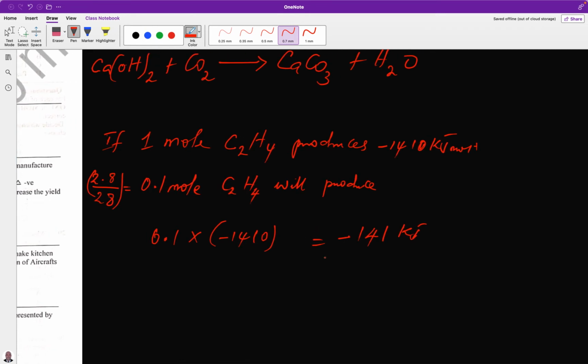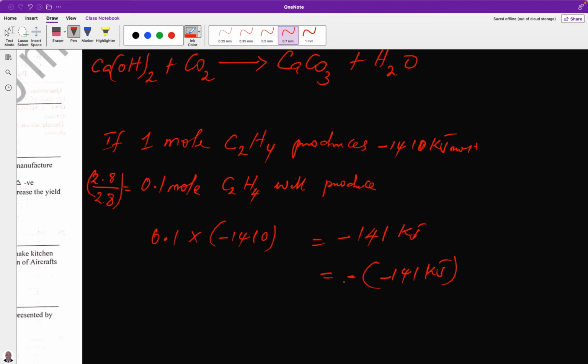So we need to add a negative sign there, which will now be equal to negative 141 kilojoules. A combustion reaction is an exothermic reaction. Why? Heat is being released, and anything that is exothermic has a negative sign. So this is the answer.